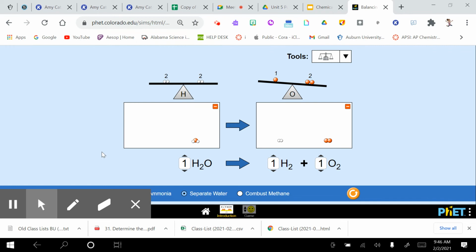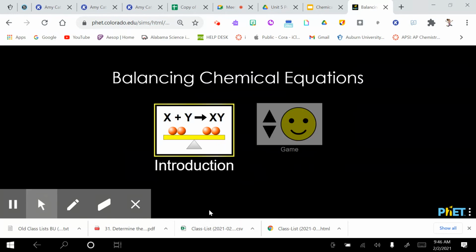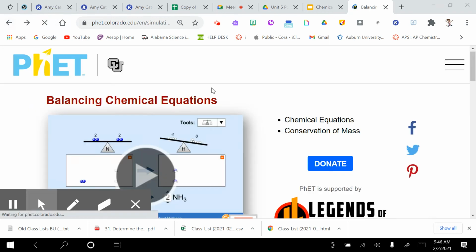All right, so what we're doing now is we're just at phet.colorado.edu, and we are playing the balancing equations game simulation.